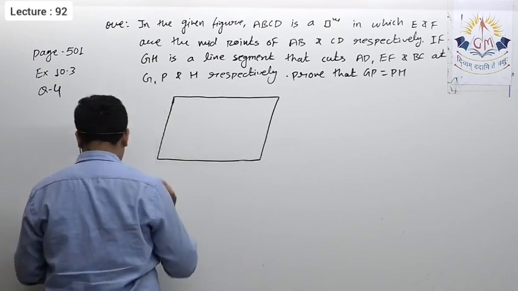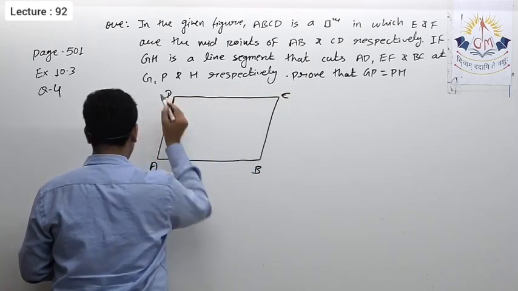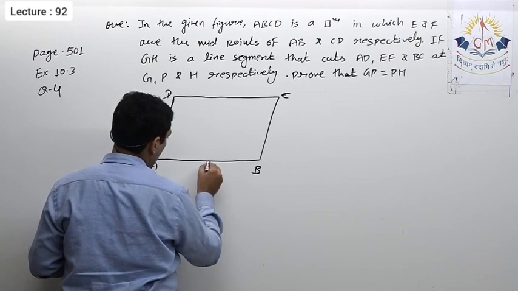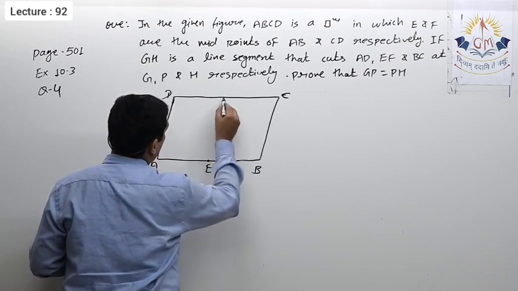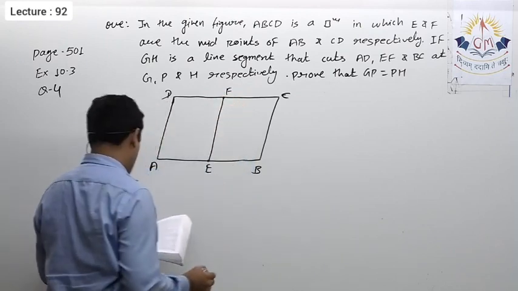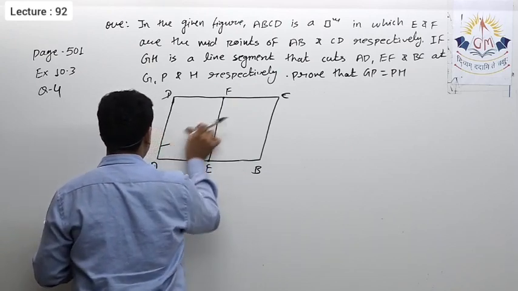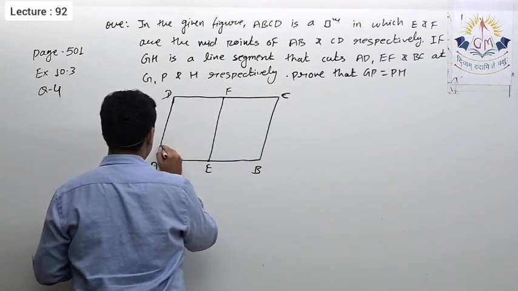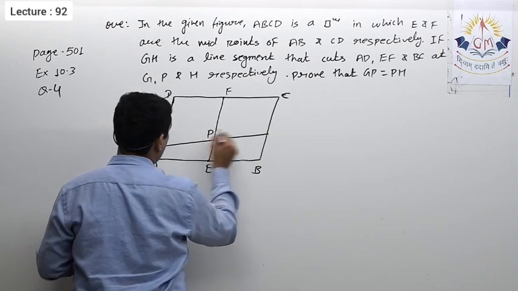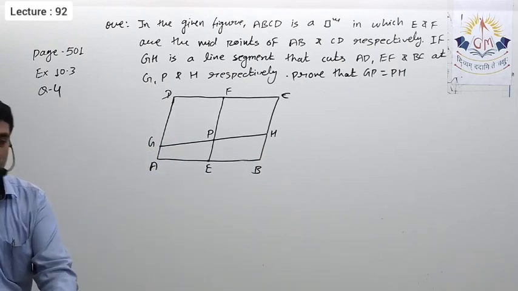E and F are midpoints. So E is midpoint of AB and F is midpoint of CD. GH is a line segment which meets AD at G, EF at P and BC at H. So we have to prove GP equal to PH.